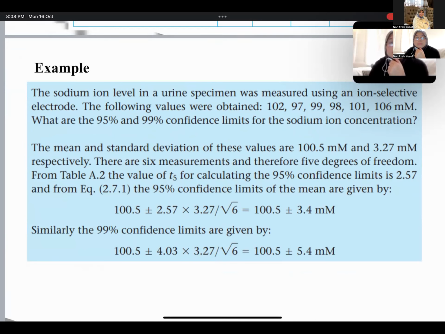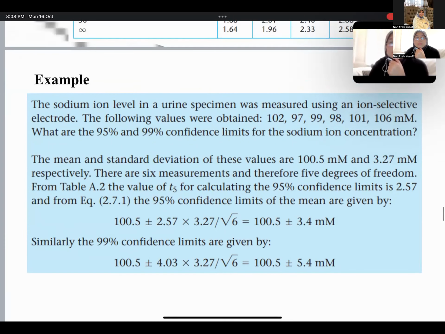From this question, it asks to find the 95% and 99% confidence limits. So for the 95% confidence limit, we can just key in the data.